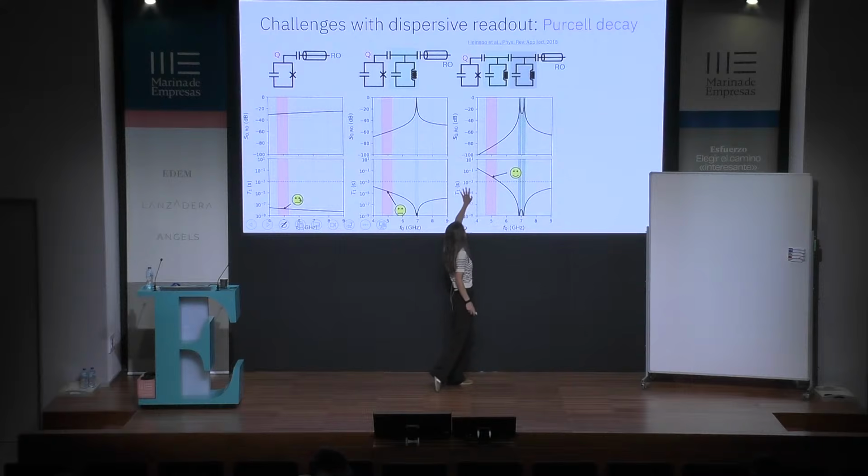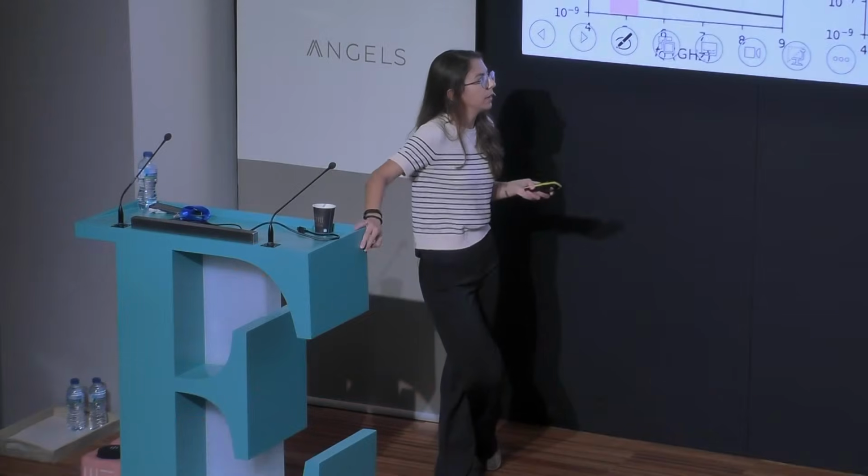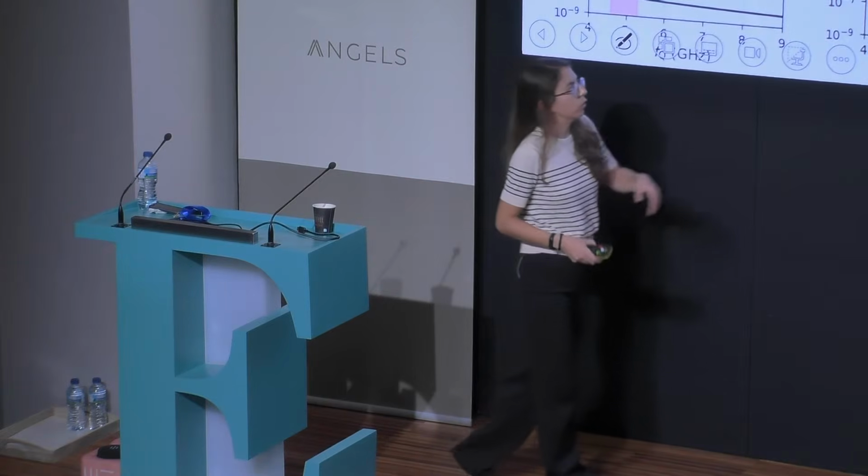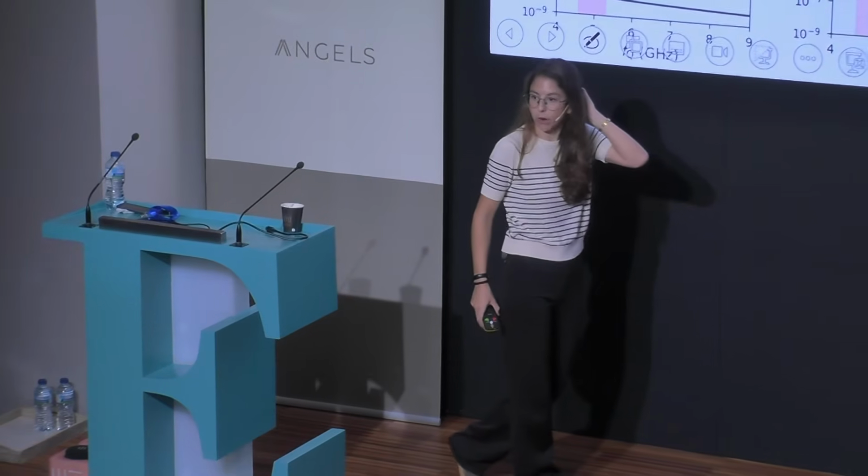So this results in a T1 that's much higher, and instead of having a T1 that went as the square of your detuning in the previous case, now it goes as the power of 4. So this really brings up T1 by a lot, up to above milliseconds, which is already quite good.